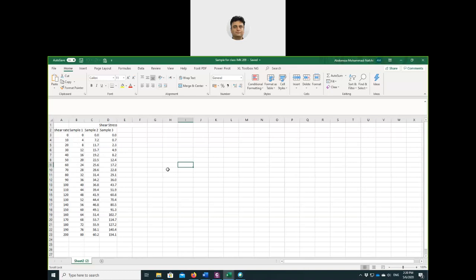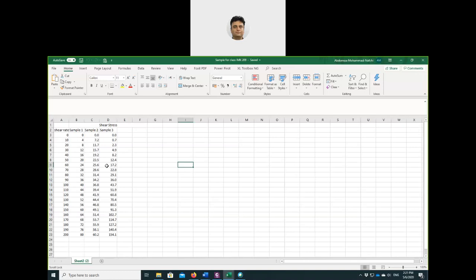So the first question is about finding the pattern. For the plotting, we need to plot the shear stress versus shear rate. Shear rate is the independent variable, and shear stress is the dependent variable. So we are going to plot shear stress over shear rate.